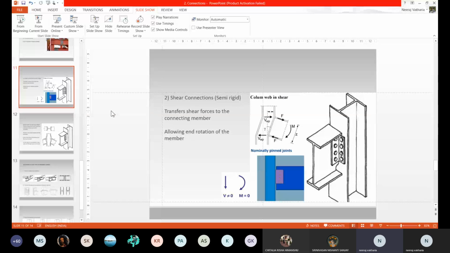Same as that, if we see the connection of the column to the base, that is a very primary thing where we do not require any flexibility. So there we might be using the fixed or rigid connection.